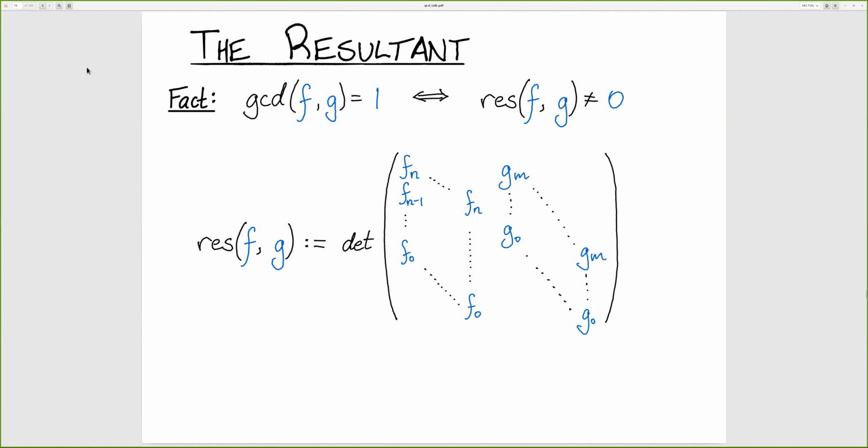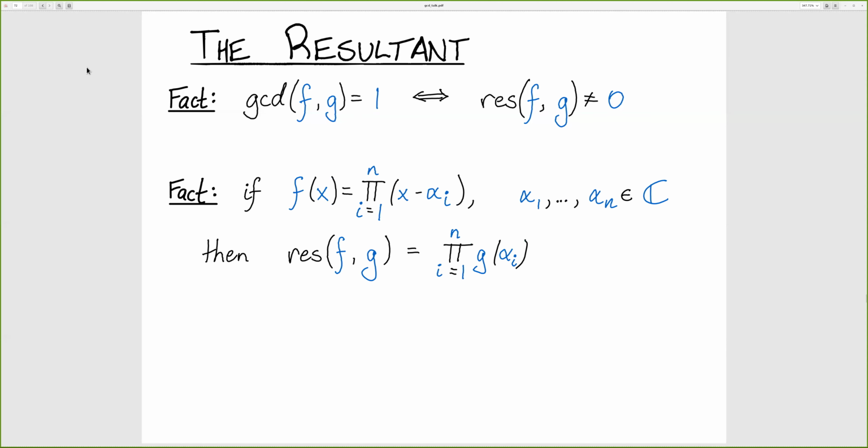Well, one definition of the resultant is this funny looking determinant. You take the coefficients, you arrange them in parallelograms. There's another way to express the resultant: if f has these roots alpha i, the resultant is exactly the product of the G alpha i's, up to something that involves maybe a sign, up to something involving the leading terms of f and g.